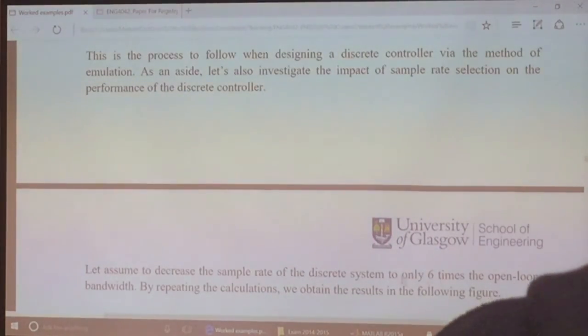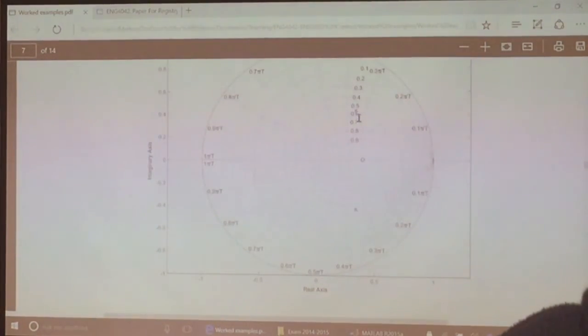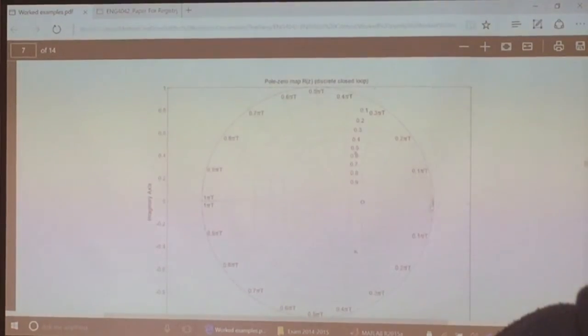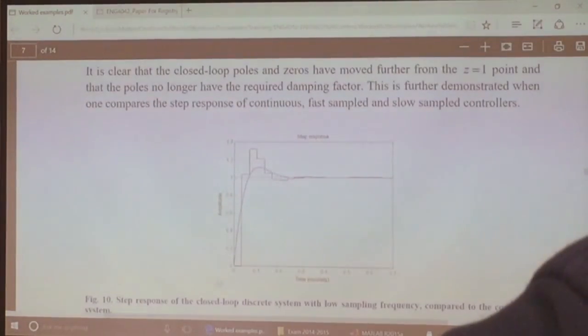So in this case, if you set the sample time to be that, you apply the controller again, you rederive it, the poles go in here, here, and here. As you can see, they move quite far away from where they used to be before, right? That's because the sample time is too large. If you plot again the step response, you get something like this.